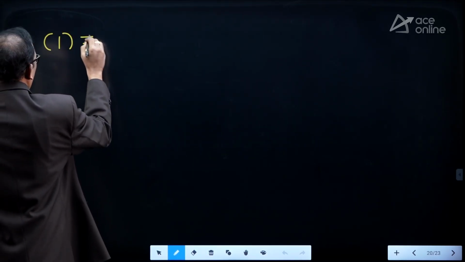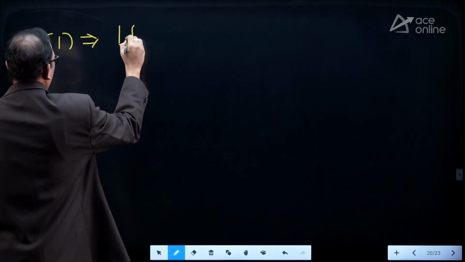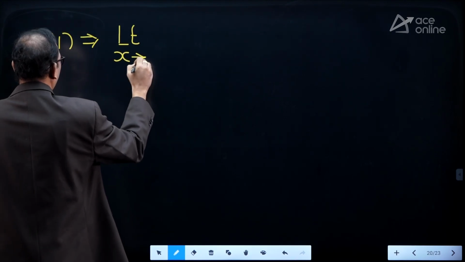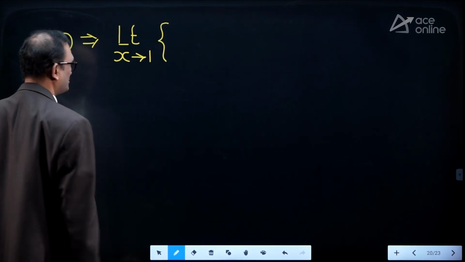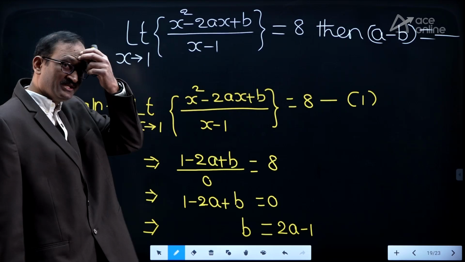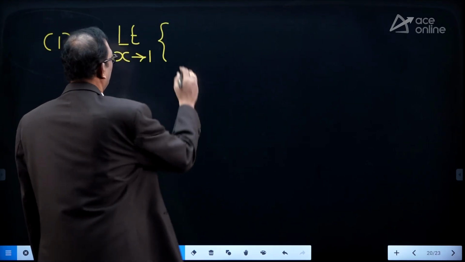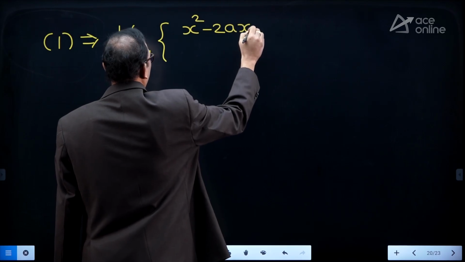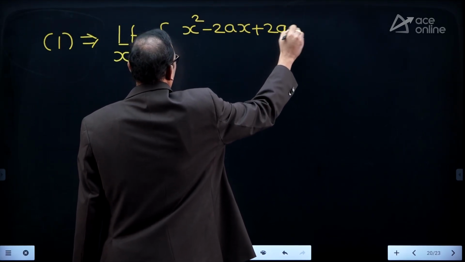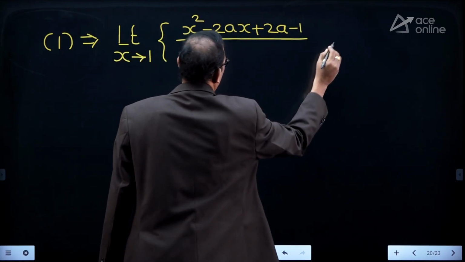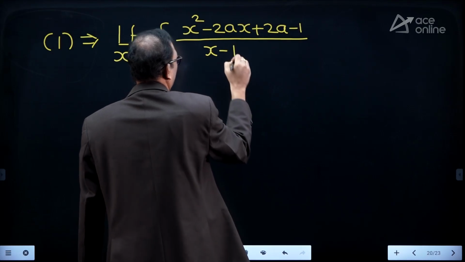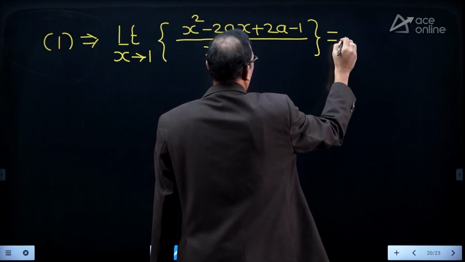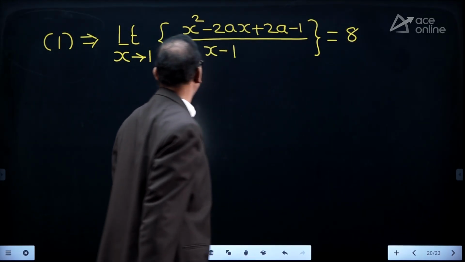So equation 1 implies that the limit as x tends to 1 of the numerator x square minus 2ax plus b, with the b value 2a minus 1, divided by x minus 1, equals 8.